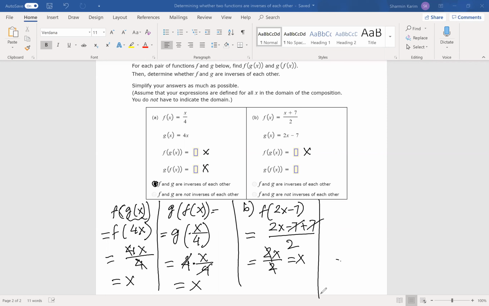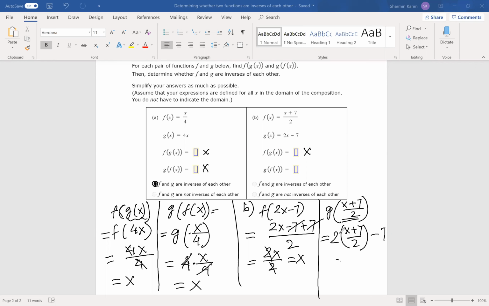If we do g of f of x, f of x is x plus 7 over 2. Now this x will be substituted for x plus 7 over 2. So we'll have 2 times x plus 7 over 2 minus 7.